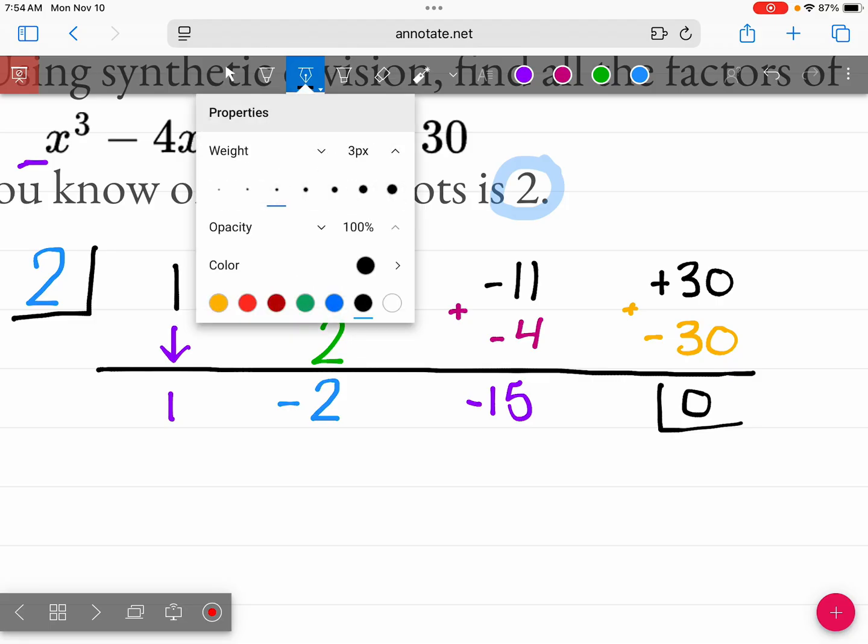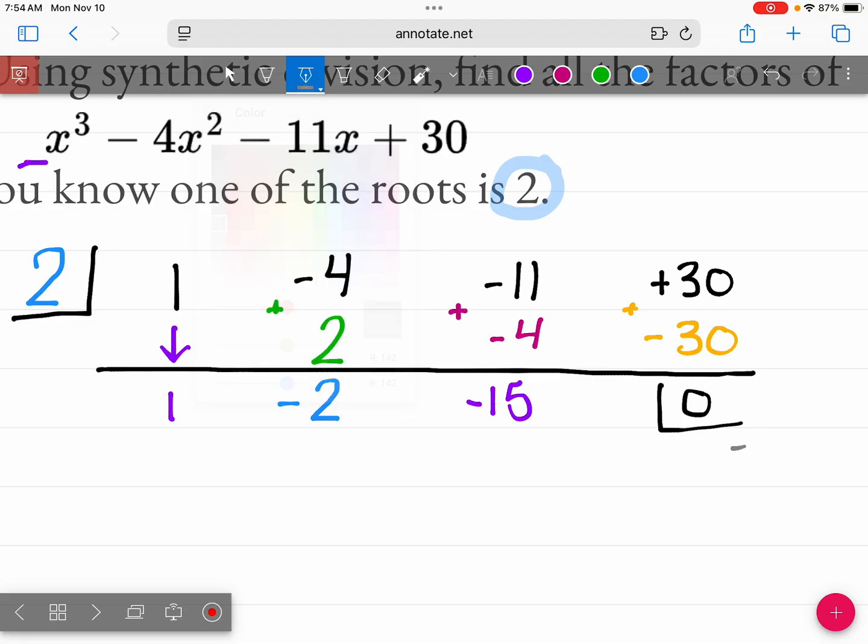Again, remembering that this last piece is always that remainder. So it's not a part of my final answer as long as it's 0. I don't need to put anything with 0. That means this one is going to be just a number.